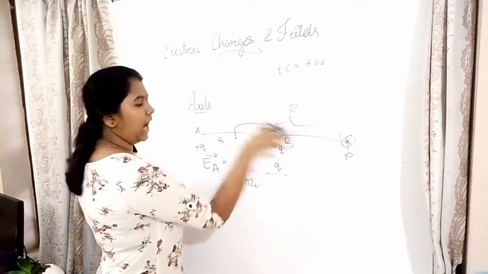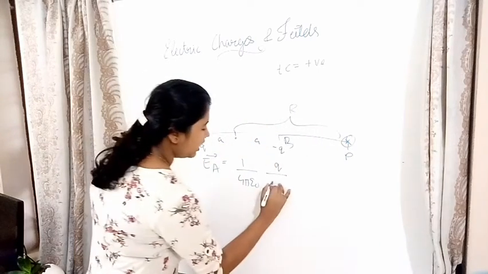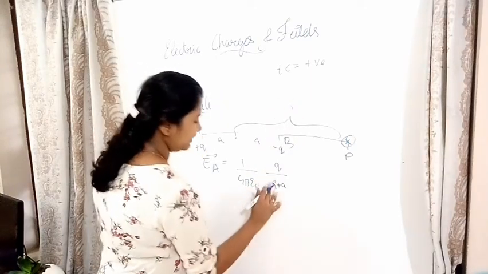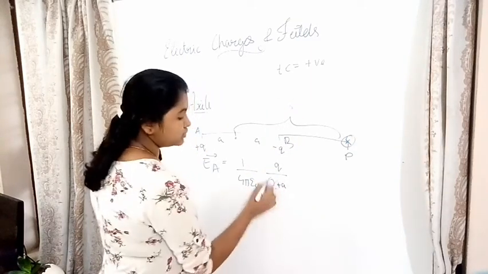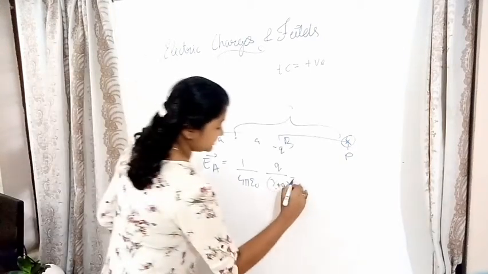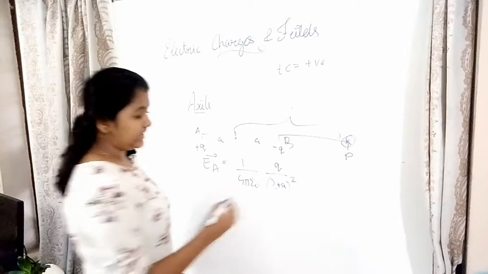So our distance is r plus a, the whole square. Now we have to find EB.